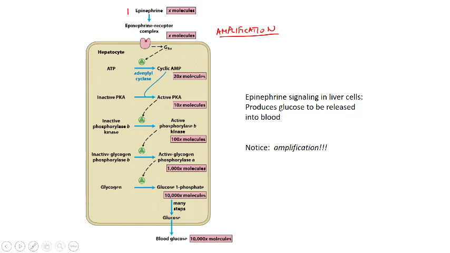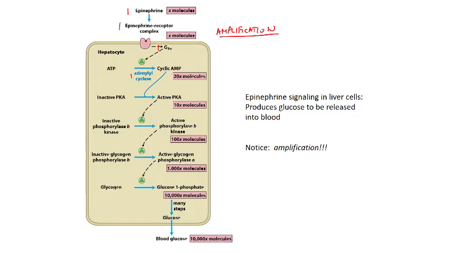All right, good. So one epinephrine molecule binds to one beta-2 adrenergic receptor, and that causes the release of one G-alpha S, and the release of the one G-alpha S causes activation of one adenylyl cyclase. Okay, so far so good.